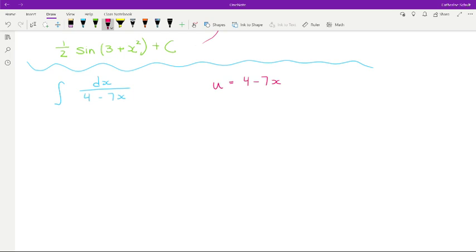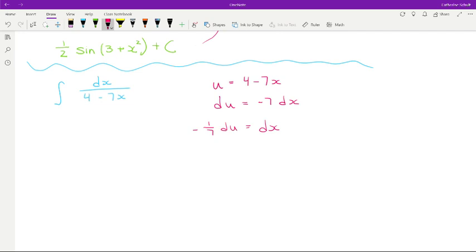But I have this dx, so let's see what happens when we take the derivative. du will be 0 minus 7 dx. All right, well, there's the dx I want to get rid of. And here it is over here. So what can we do to get dx to be all by itself? We can divide out by negative 7.